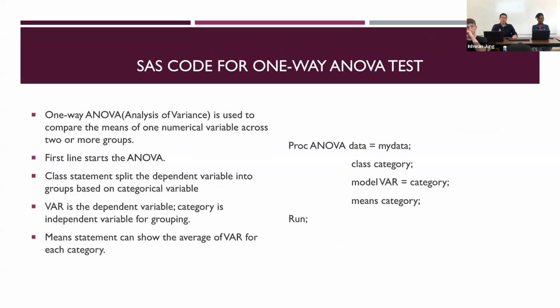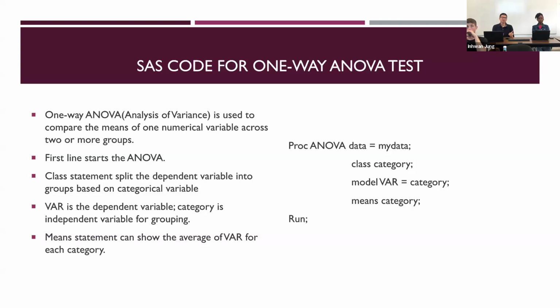This is the ANOVA code in SAS program, and on the right side, this is the ANOVA syntax structure in SAS program. The first line starts the PROC ANOVA, and in the second line, the class statement splits the dependent variable into groups based on the categorical variable.